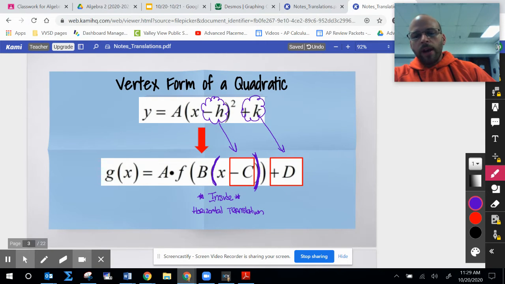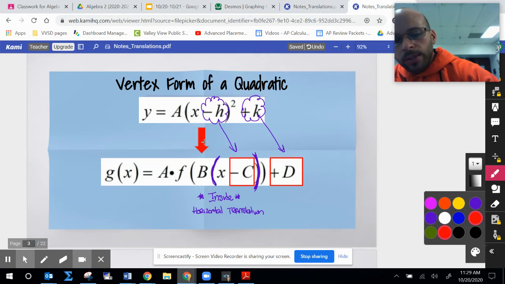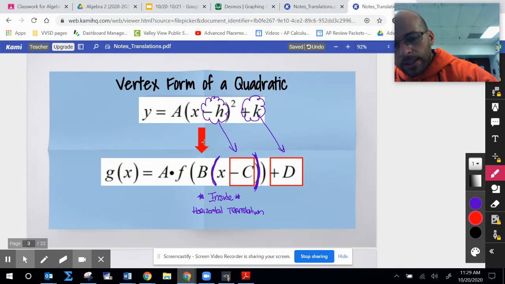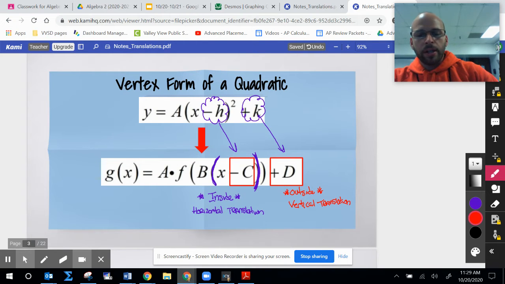Now, if I were to do the same thing on the outside of the parentheses, then it's going to be a vertical translation. So that's the first thing I need you to understand, which one we're talking about here.